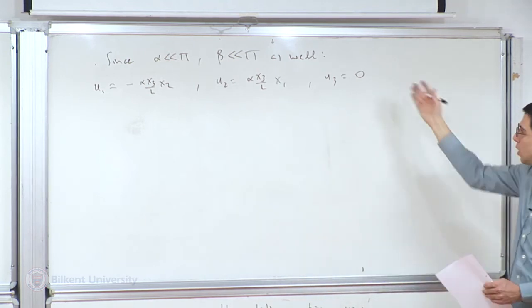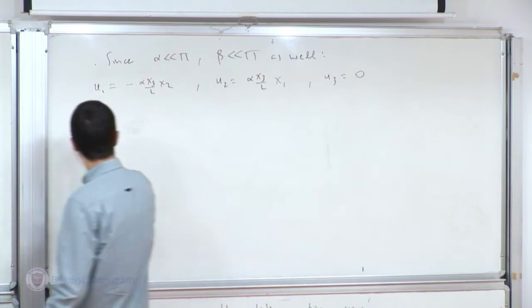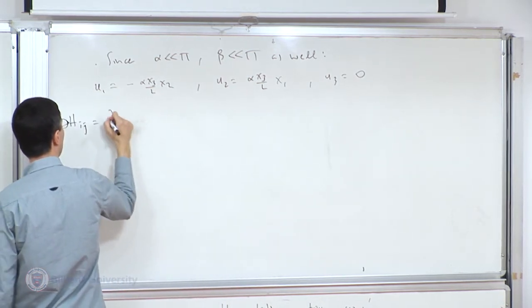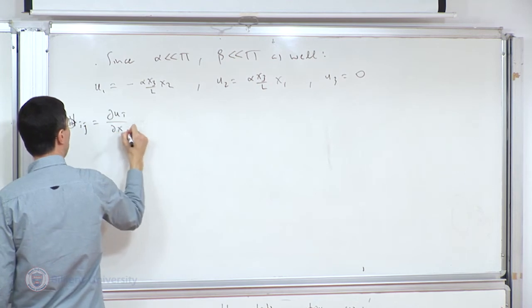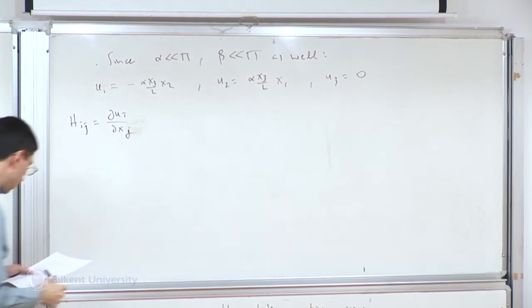So now I've got the displacement field. I want to also calculate the displacement gradient, the strain, etc. So H is the displacement gradient. Hij is ui comma xj. So let's go ahead and do that together.